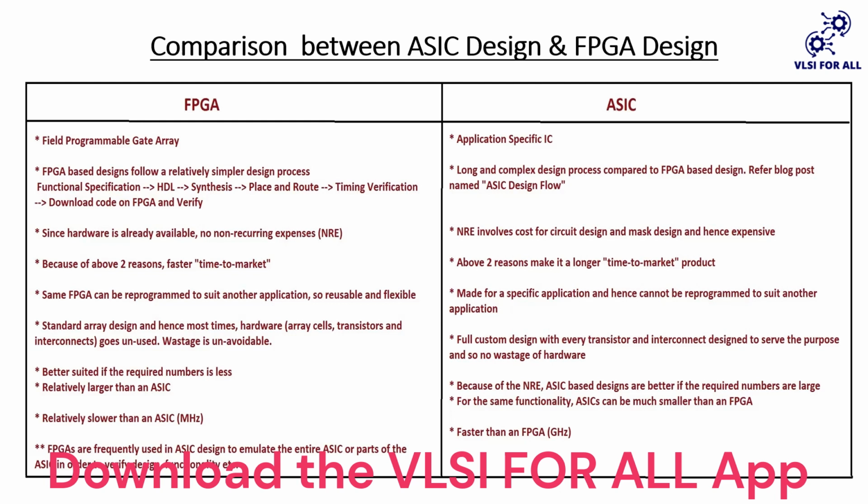FPGA contains more logic compared to ASIC designs, because ASIC is used for only one specific application. Speed is slower in FPGA compared to ASIC, because the ASIC application is only one, so we can extend our speed, area and power in ASIC designs. For low power designs in industrial purposes, we mostly use ASIC designs. So these are the advantages and disadvantages of ASIC and FPGA designs.